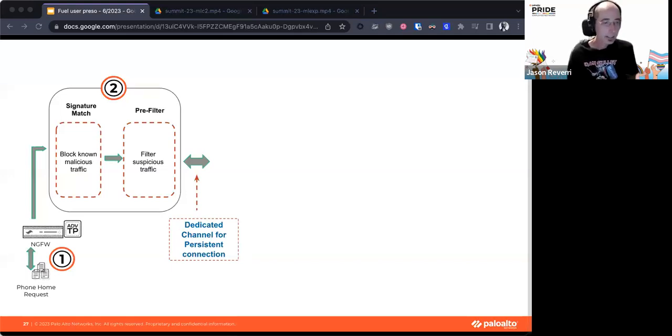We have a series of pre-filters on the system to understand and filter out potentially suspicious traffic or benign traffic. Think of things like the URL category, the app ID. We have some lightweight machine learning models there. But the firewall actually maintains a dedicated persistent channel to the local cloud point of presence.